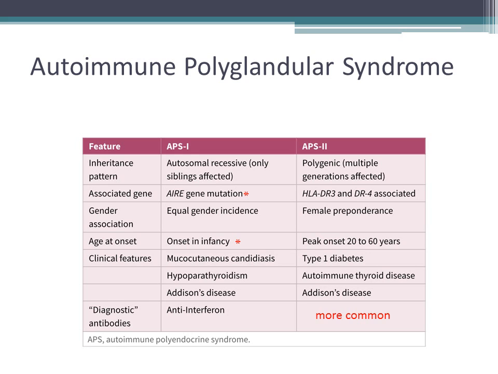Now, APS2 is more common. The presentation is usually at an older age, 20 to 60 years. They do not have autoimmune hypoparathyroidism. They do not have mucocutaneous candidiasis. Again, those are the two main distinctive features, at least clinically, in addition to the age of onset, of course.